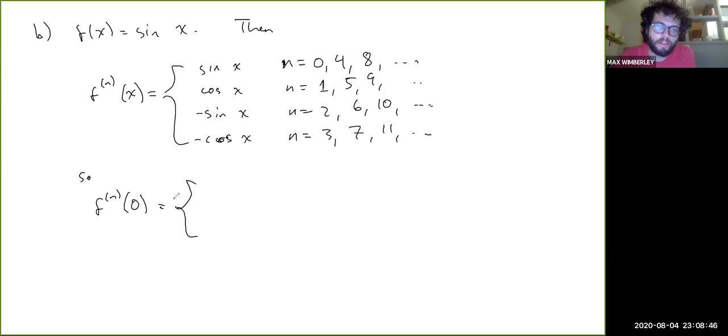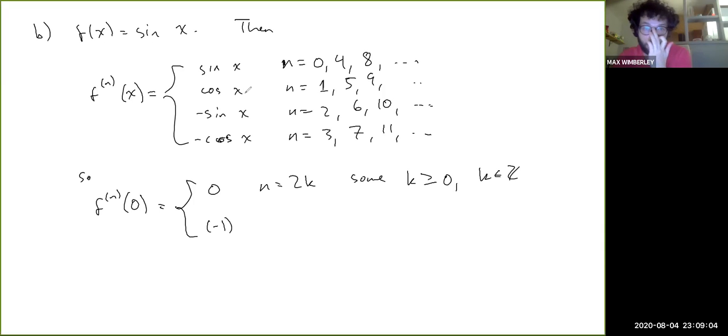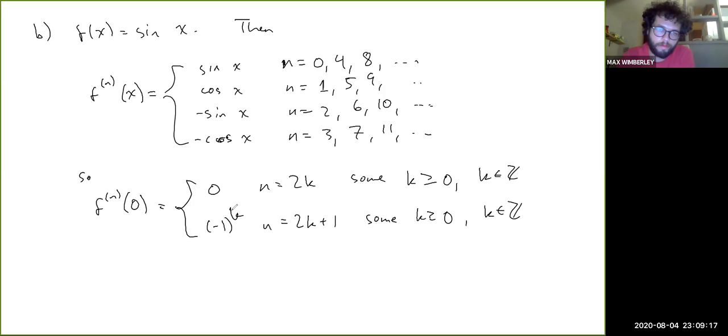So what we can say is that f^(n)(0) is 0 if n equals 2k for some k greater than or equal to 0, k in Z. And (-1) to the k if n equals 2k plus 1 for some k greater than or equal to 0, k in Z, since it should be +1 when n is 1. Okay. So then the Taylor series, right?